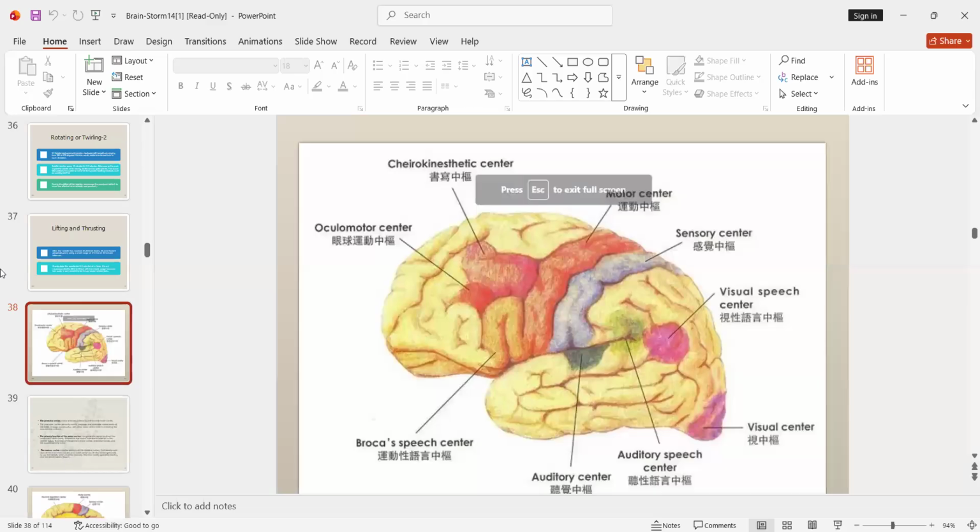In this picture, you can see all the lobes. Then you see frontal lobe, parietal lobe, occipital lobe, and temporal lobe. You see in this picture, there is written motor center and sensory, blue and red areas on the front side.